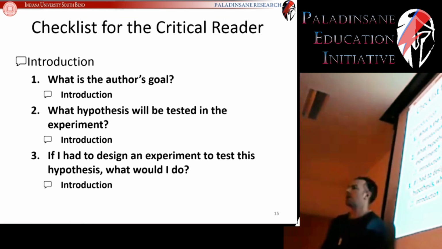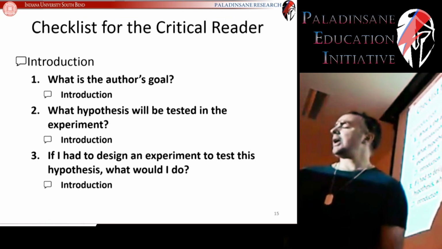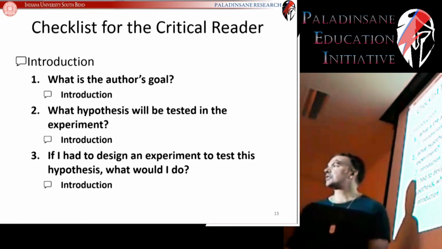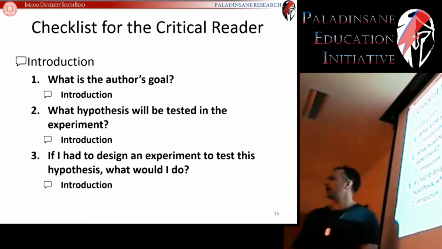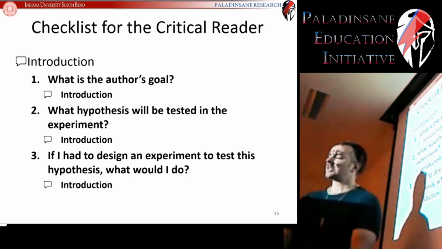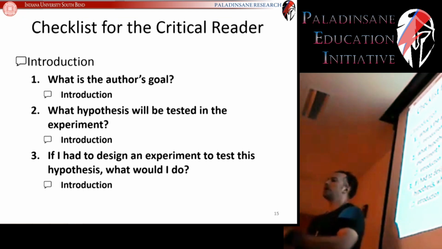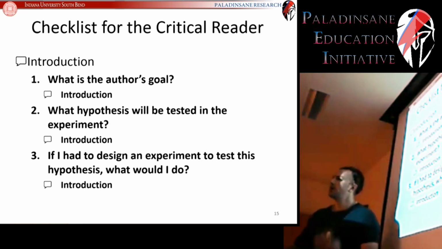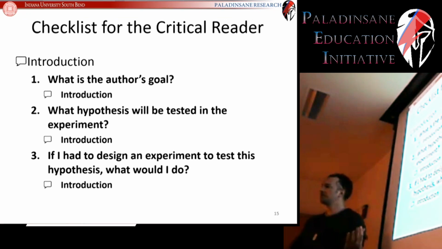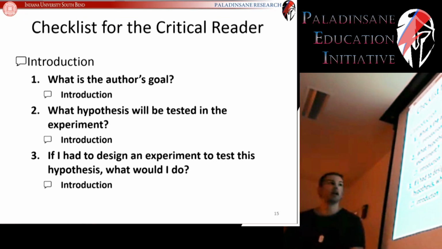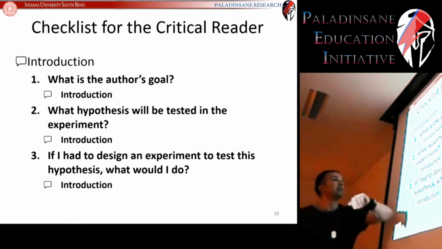First question, what is the author's goal? By the end of the introduction, you should be able to answer, what is this author trying to do? What question are they trying to answer? What piece of psychological information are they trying to discover? What theory are they trying to test? What's the purpose of this paper existing? You should be able to answer that.